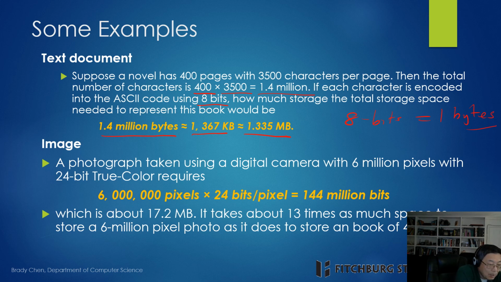So a 6 million pixel camera with 24-bit true color per pixel. So you have 6 million pixels times 24 bits, and 24 bits is actually 3 bytes. So you get a total of 144 million bits, and then typically people convert the bits into bytes, right?